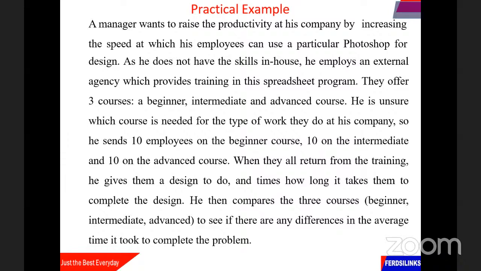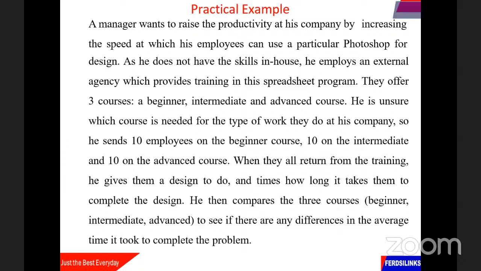We have some examples here just to help us understand. A manager wants to raise the productivity of his company by increasing the speed at which his employees can use a particular program. We call it Photoshop, for designing. As he does not have the skills in-house, he employs an external agency which provides training in this program.